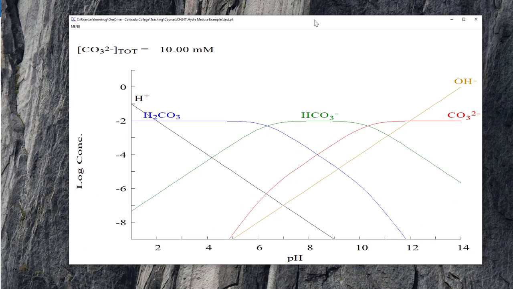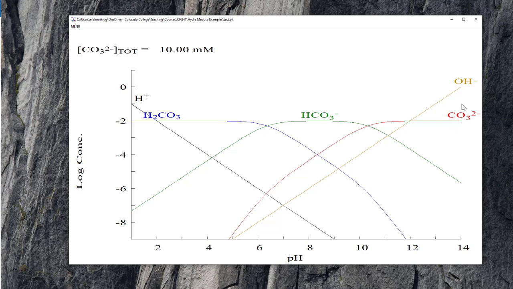And so what's happening in this plot? Well, we have a system where we have the actual concentrations rather than the fraction of that concentration. It's still representing the same thing, right? We have at low pHs everything in the protonated H2CO3 form, and then you have the increasing concentration of bicarbonate and the intersection of these at the pKa1, and at pKa2 you have the intersection of bicarbonate and carbonate.